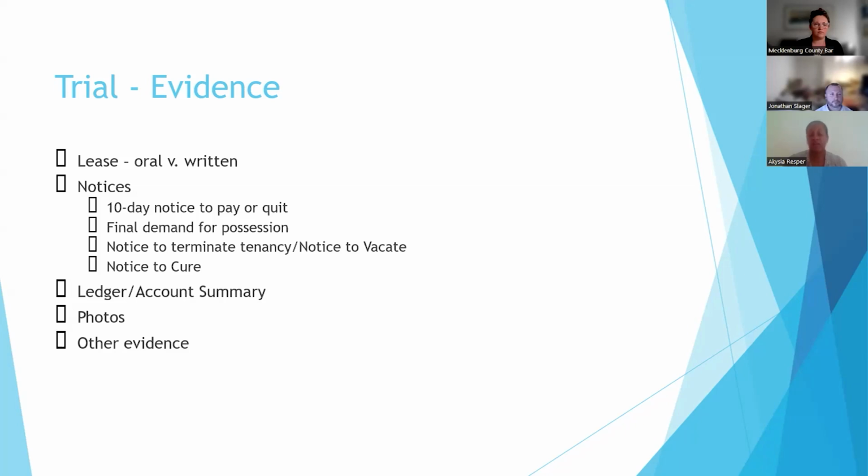Like I previously stated, in all non-payment cases, you would want some type of ledger or accounting showing what's been charged and what's been actually paid. Any photos, if you're also including a claim for any damages, or photos to help support your claim that they're in violation.